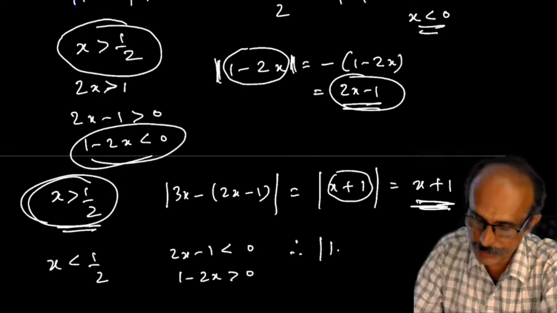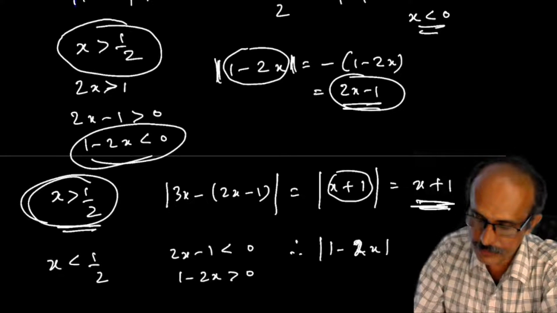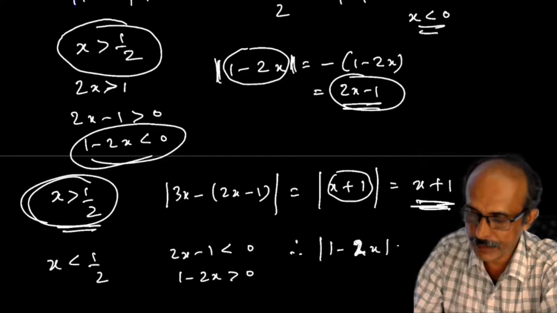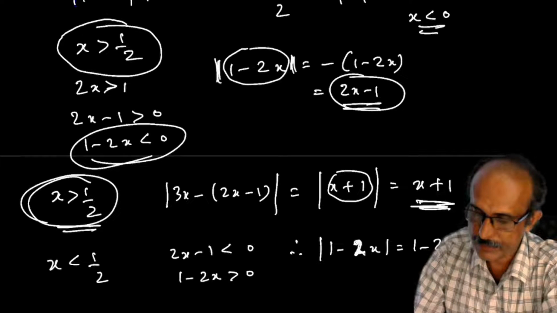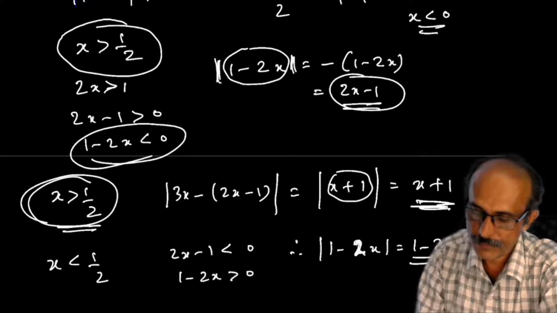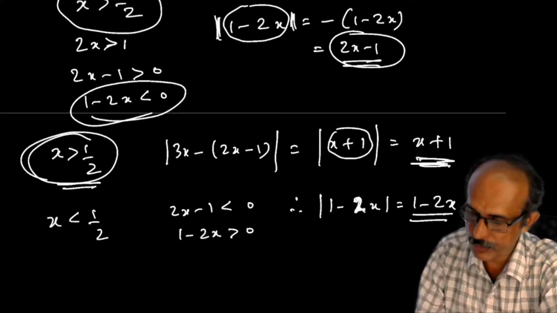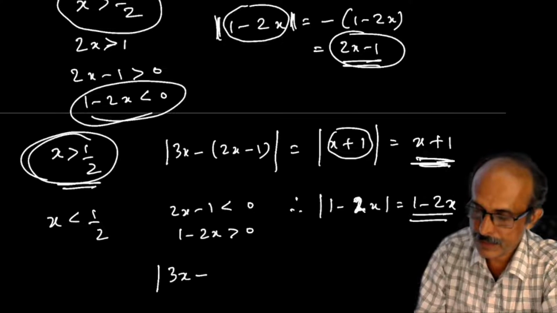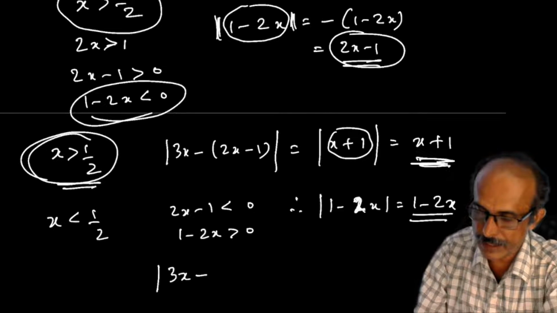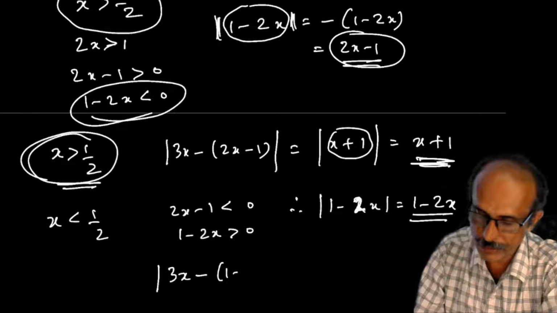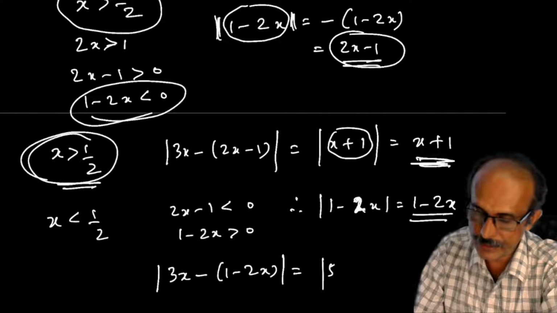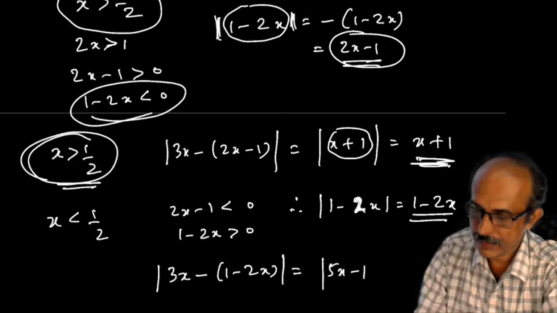Therefore, mod of 1 minus 2x will be equal to 1 minus 2x only. That means the left hand side simplifies to mod of 3x minus (1 minus 2x), which is equal to mod of 5x minus 1, right?